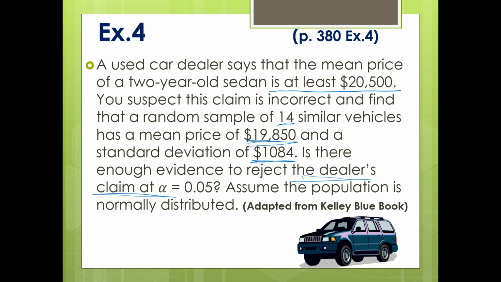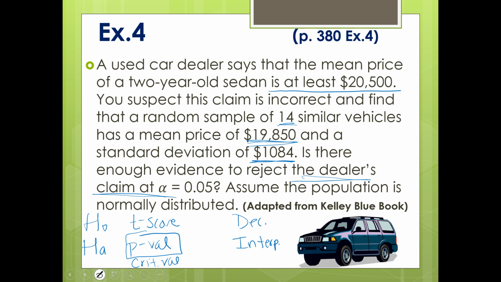Okay, so again, before you do this problem, make sure you know what we're looking for. We're looking for a null, an alternate, our t-score, our p-value, our decision, and our interpretation. Now again, when we're talking about the p-value here, you could also do the critical value instead, that t0 that we just talked about on the other slides.